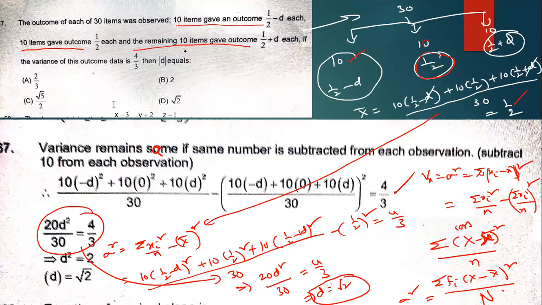Sigma square is given as 4 by 3, so it is equal to 4 by 3. What is the formula? Sigma Fi Xi square by sigma Fi. Write the formula. Simplify a plus b whole square plus a minus b whole square, and we are getting this. Please write down.